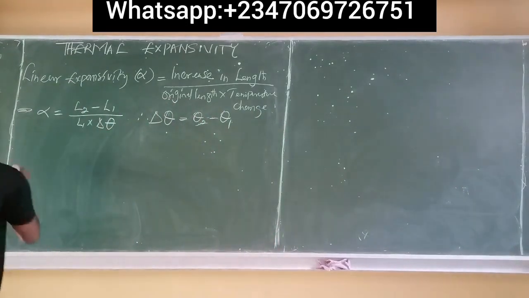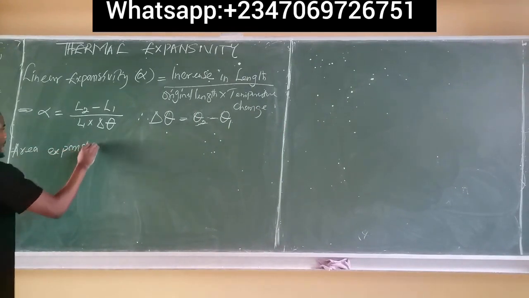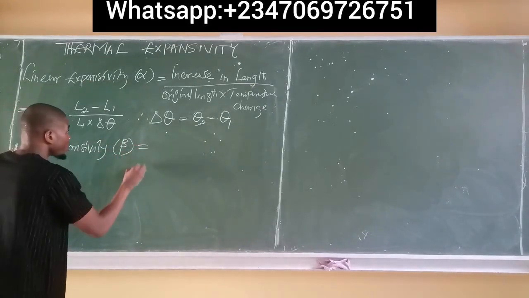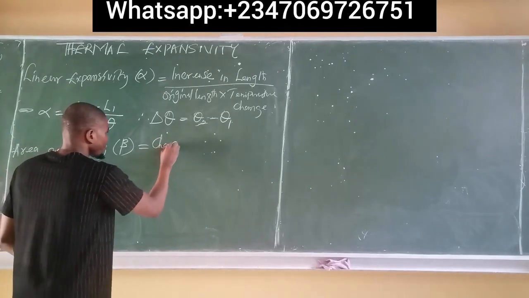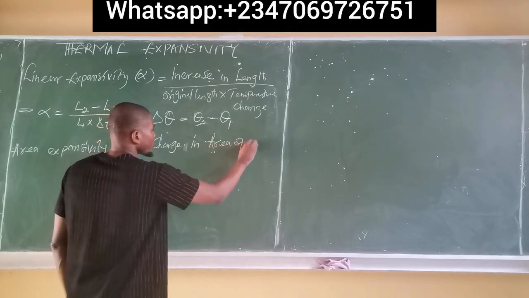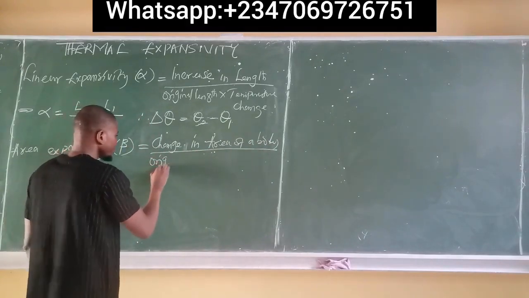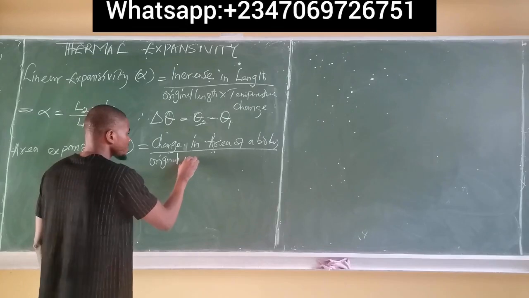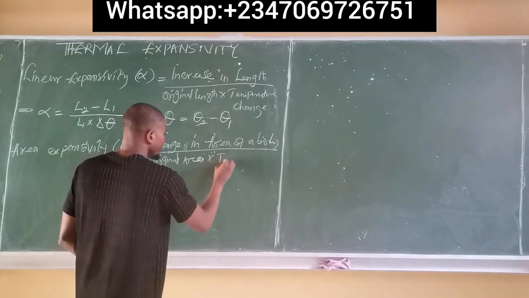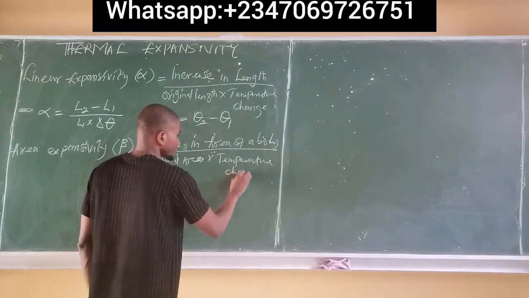Mathematically, area expansivity, denoted by the Greek symbol beta, is equal to the change in area, or increase in area, of a body with respect to the original area, multiplied by the temperature change.